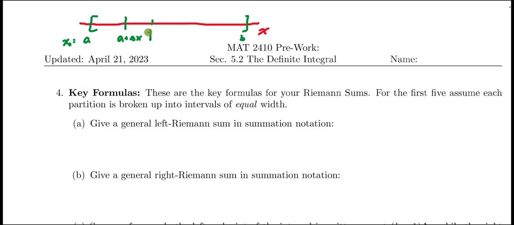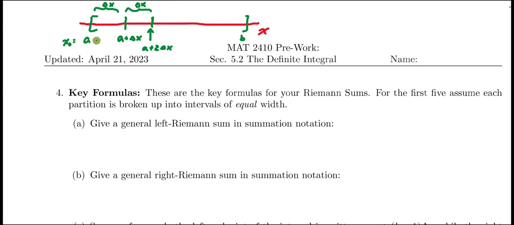Likewise, this entry right here, you could label it many different ways, but one way to label it is A plus 2 copies of delta x, because delta x is supposed to be the widths of these intervals. So each one of these intervals has width delta x.